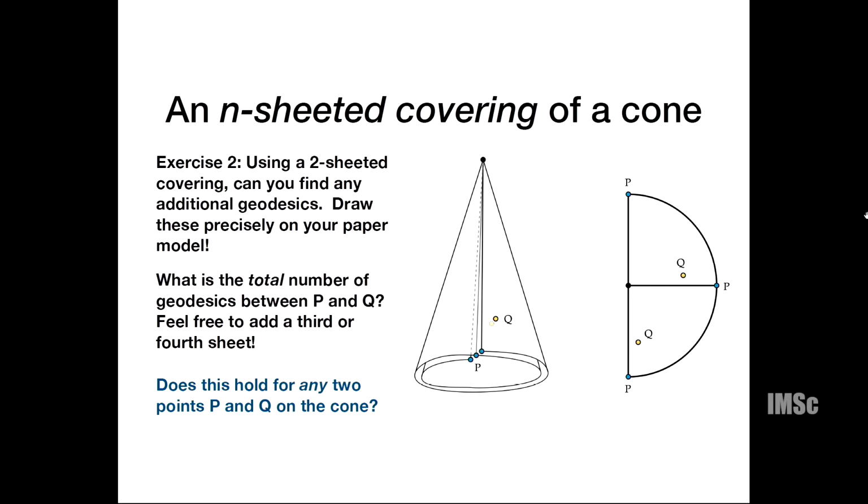So if we have 2 radial points, like Q1 here and P1 here, we'll have 2 or 3, right? But we may not have 4.